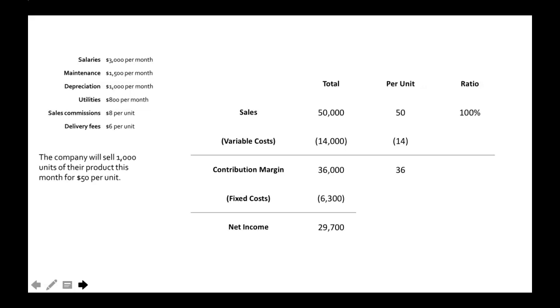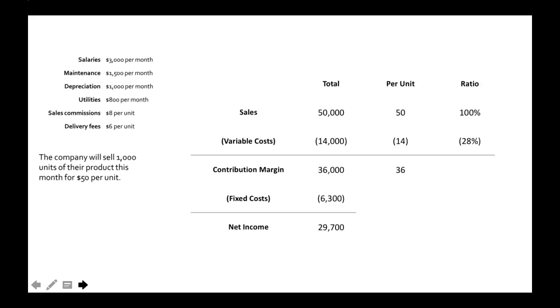So sales is 100% of itself. Now variable costs, we take our variable cost number divided by our sales number. 14 divided by 50, or 14,000 divided by 50,000, and we'll get 28%. So variable costs are 28% of our sales.